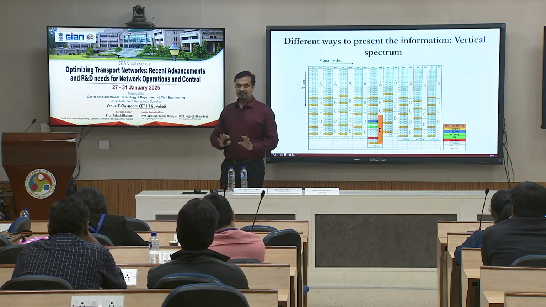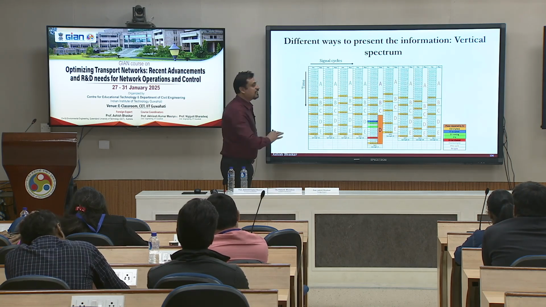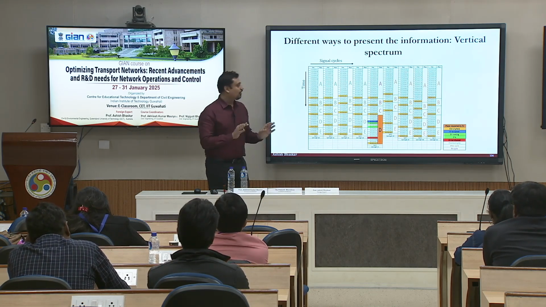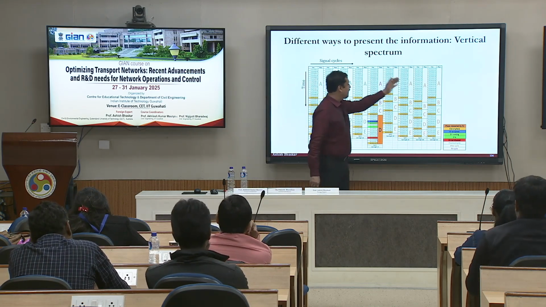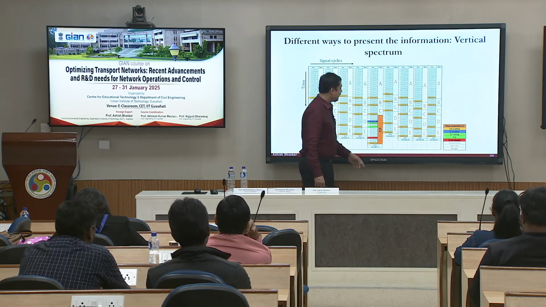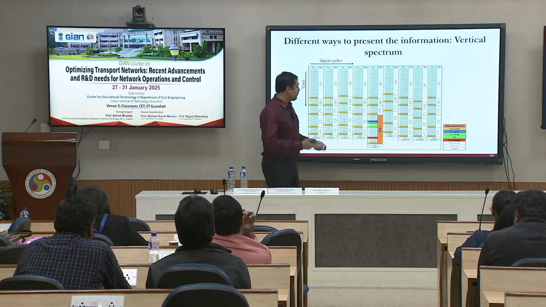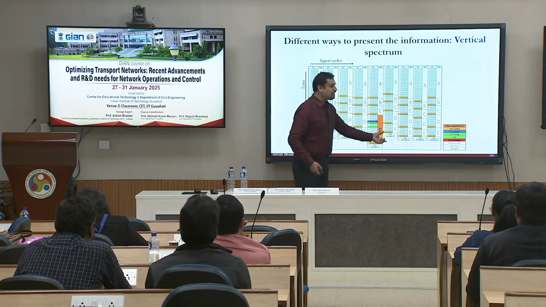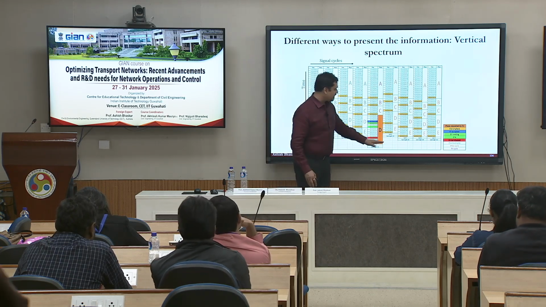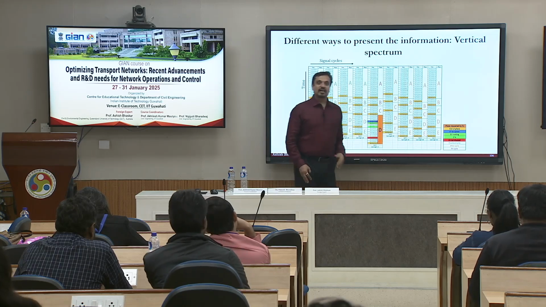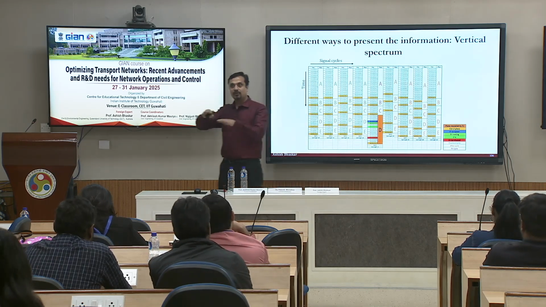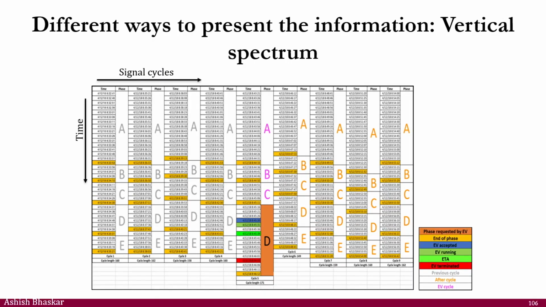So, you can easily see that my EVP is working fine and the algorithm was okay. Then you have B, again A, B, C and so on, and then there is some recovery algorithm, you want to recover back. So, they had an algorithm to do that recovery. You can see after a while they have a slightly modified cycle, you want to come back to the normal cycle as early as possible, especially if that corridor is coordinated.